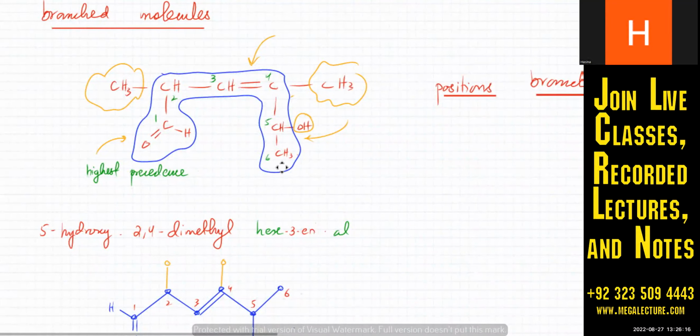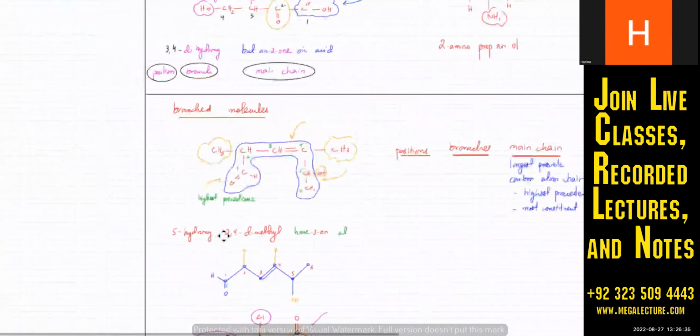So you're going to count from the aldehyde part, and so it's hex-3-enal. The rest are all branches: hydroxy, methyl, methyl, right? You got methyl on the second one, methyl on the fourth one, hydroxy on the fifth one. So it's 5-hydroxy and 2,4-dimethyl. Is that clear? Yes, sir.